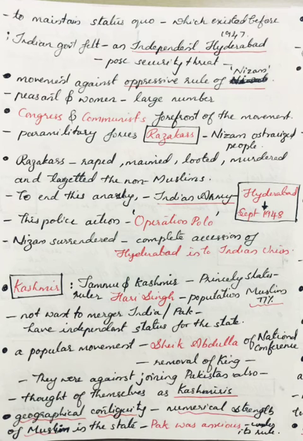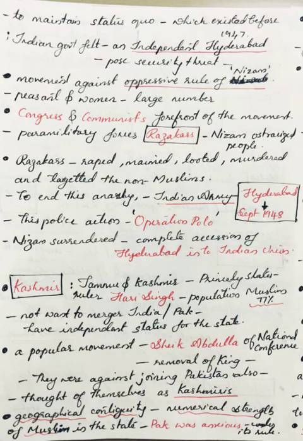The Congress and Communists were in the forefront of the movement. Through his paramilitary forces, named Razakas, the Nizam ostracized the people. These Razakas raped, maimed, looted, murdered and targeted the non-Muslims.